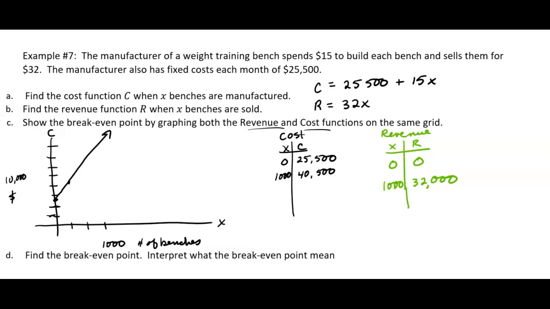Okay, so I start at 0, 0 right there, and then at 1,000 I'm going up 10, 20, 30, a little bit above. And so my revenue function is going like this. Right here, where they cross, that would be the break-even point. Okay, so that's how we're showing the break-even point.